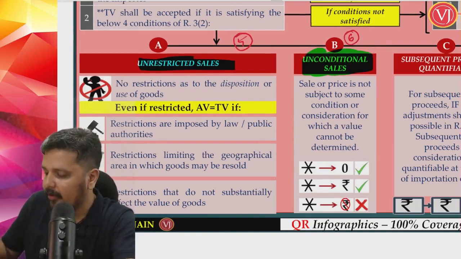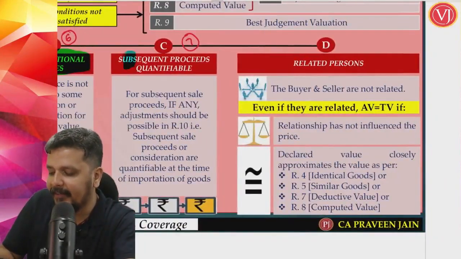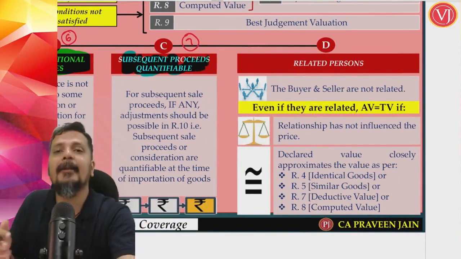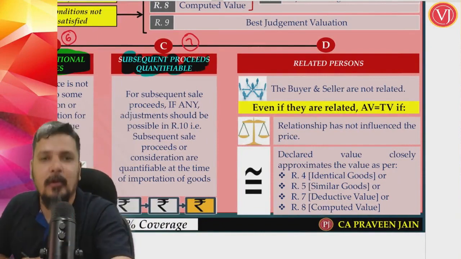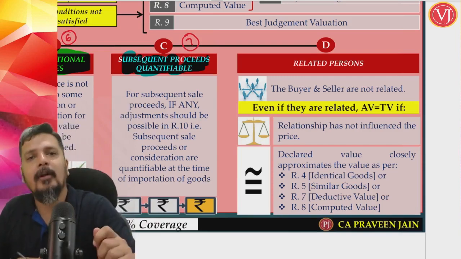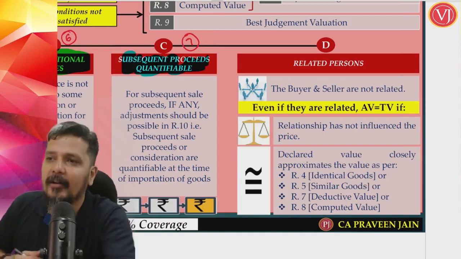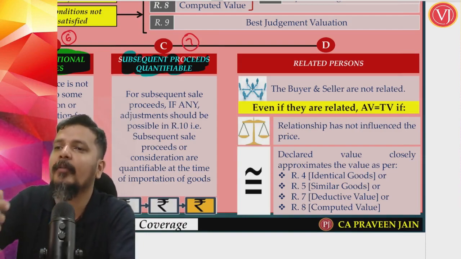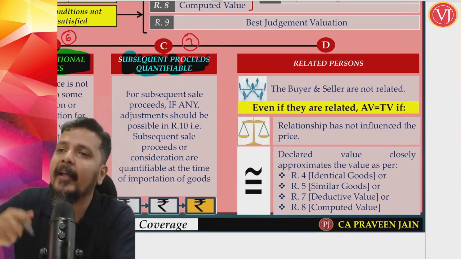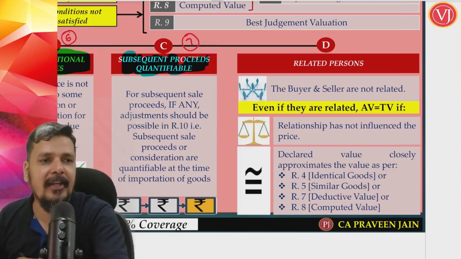This is your 6th condition. 7th condition: if there is any subsequent sale proceeds, you should be in a position to quantify that amount. If you are paying one amount now as an importer and the balance proceeds later, you should be able to quantify the balance amount that you are going to pay later. Subsequent proceeds should be quantifiable.